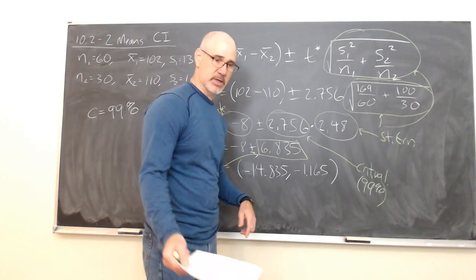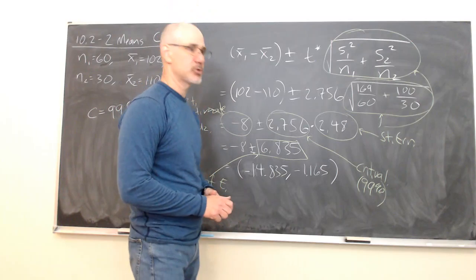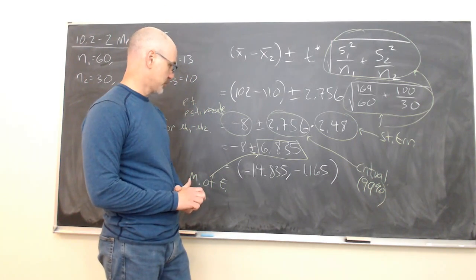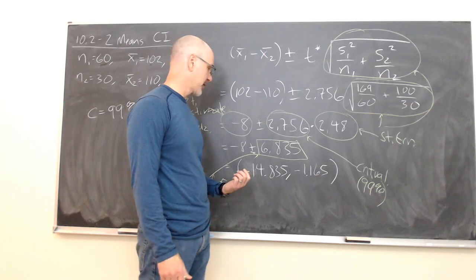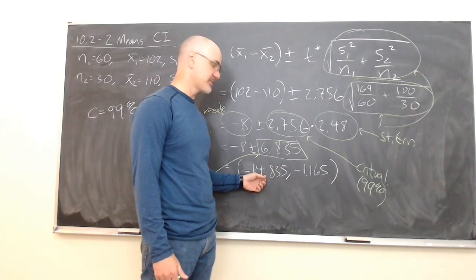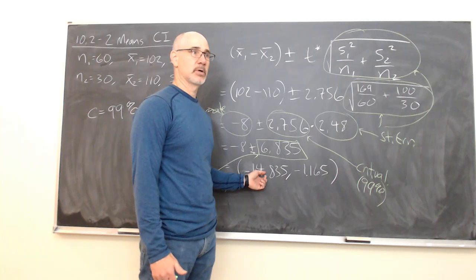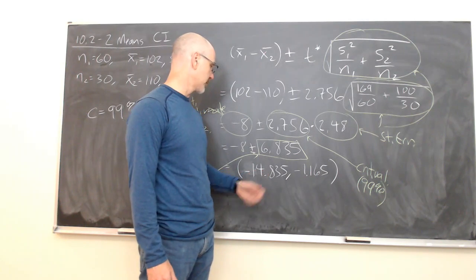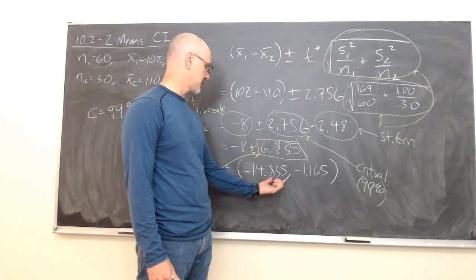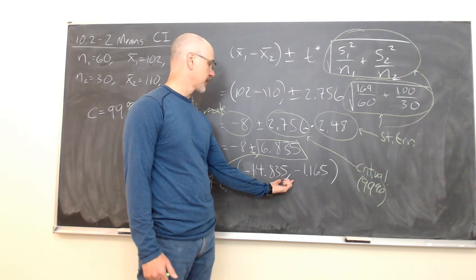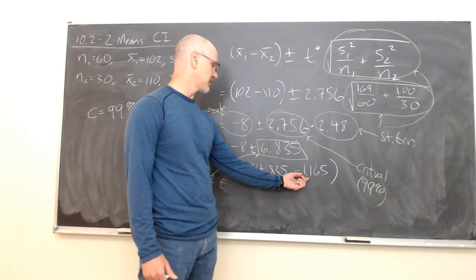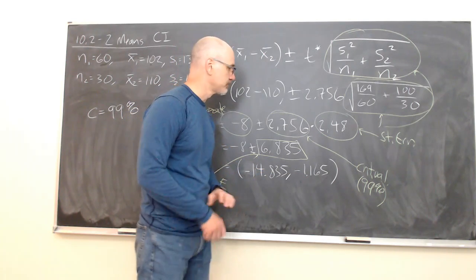So what that tells us is that we're 99% sure that BSc students have higher overall mean IQs by between 1 and 15 points. So we're 99% sure that the true difference in the population IQs is in this interval. So somewhere between a difference of 14.8 and 1.2 points.